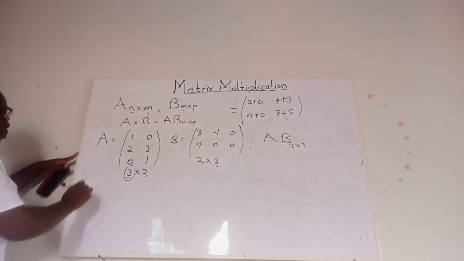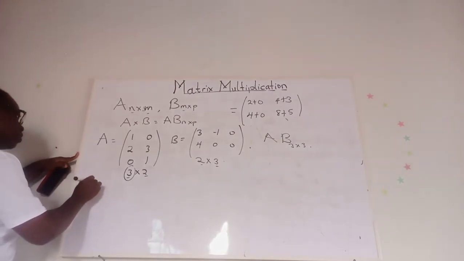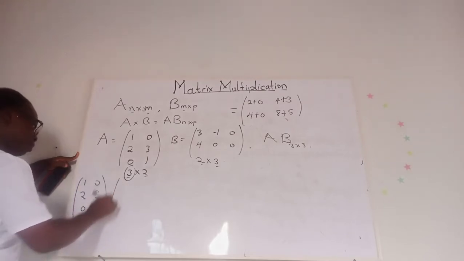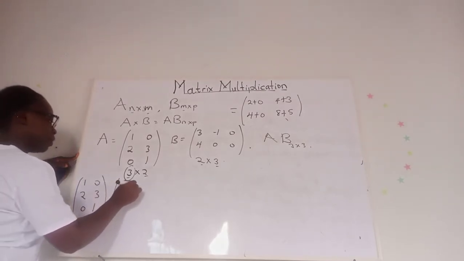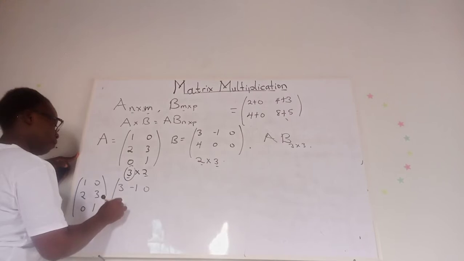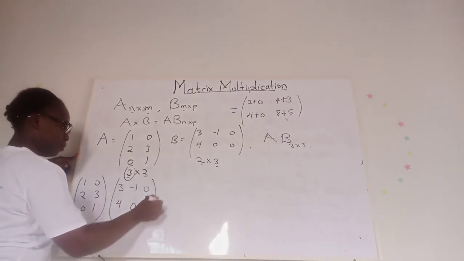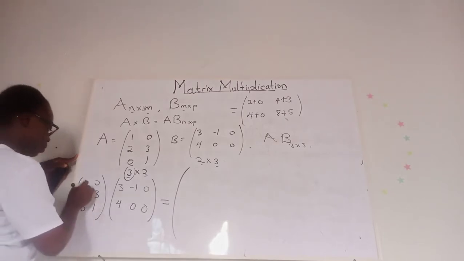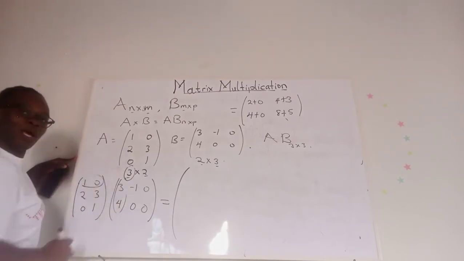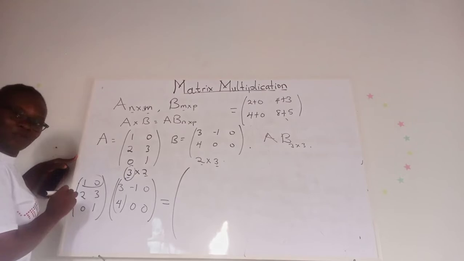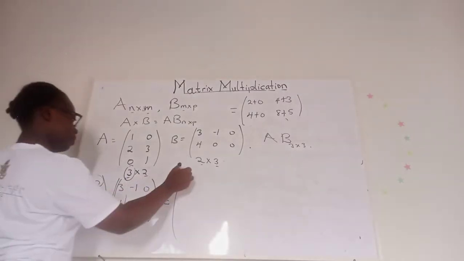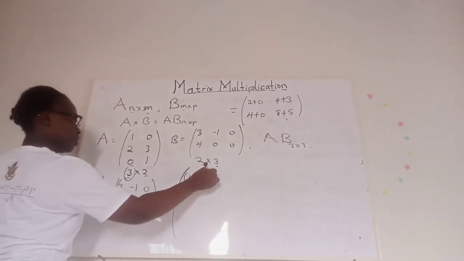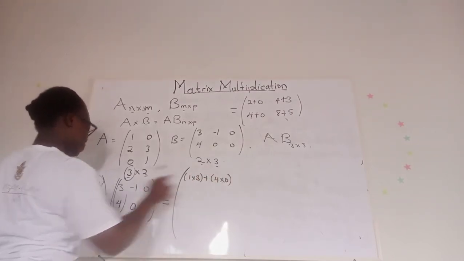Let's check. So I have 1, 0, 2, 3, 0, 1 multiplied by 3, minus 1, 0, 4, 0, 0. We pick a row and multiply by the column for the first entry. So 1 times 3 plus 4 times 0.